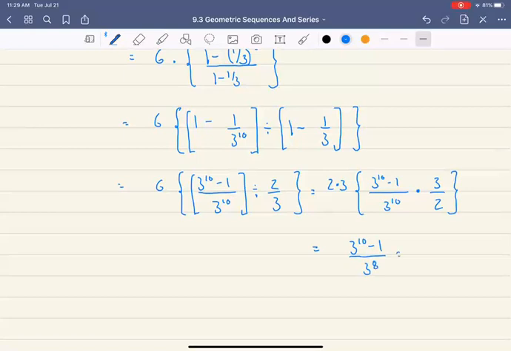And that's what I'm going to plug into my calculator. So that's 59,048. Let me just double check that. Yep, 59,048 divided by 3 to the 8th, which is 6,561. So that's that one.